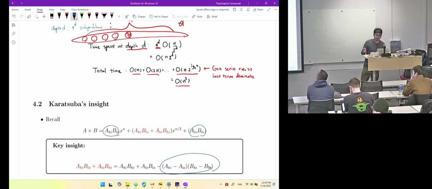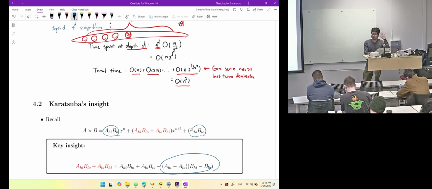These are the 3 guys that you need to multiply. Make sense? Just this reduction from 4 to 3 is significant. Okay?